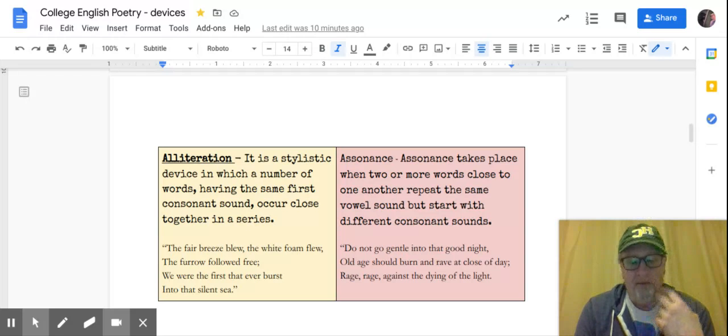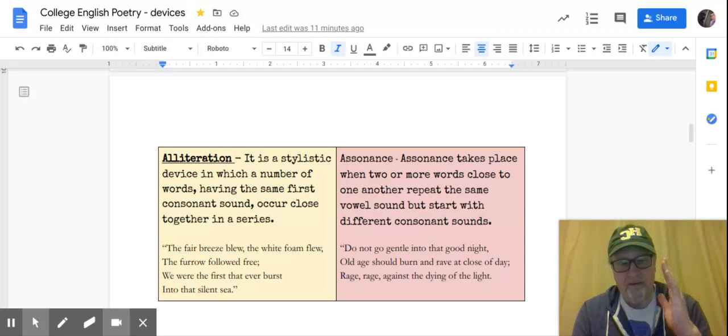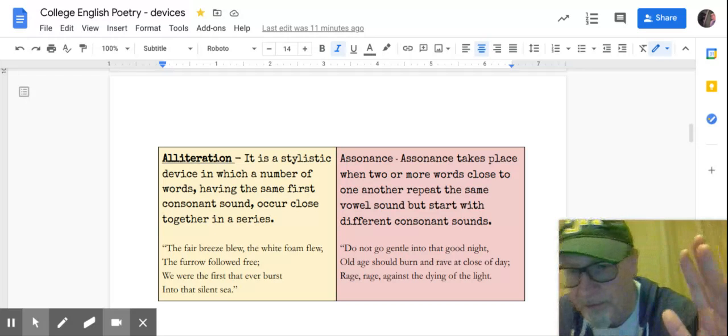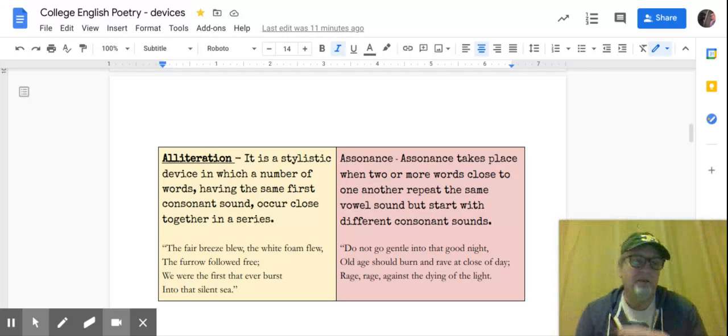Picture in your mind the sound of a ship cutting through the ocean. I went close to the microphone there for effect. And that's what the poet there is trying to recreate, that sound in the listener's head.